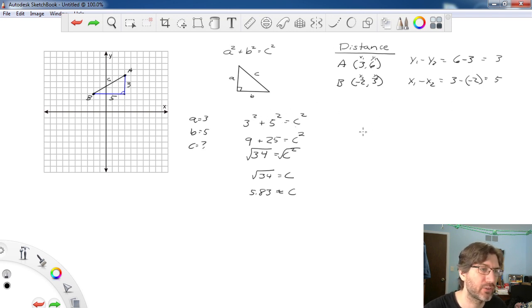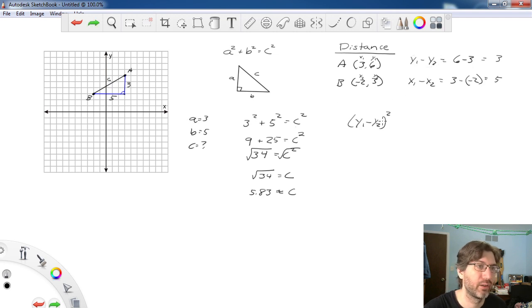So what I'm going to do is I'm going to say, hey, instead of saying a squared, I'm going to say y1 minus y2 squared. Because again, a was that, well, I guess it doesn't matter which one you call what. You'll note y1 minus y2 was that 3, and over here we're squaring that 3, and a was 3.